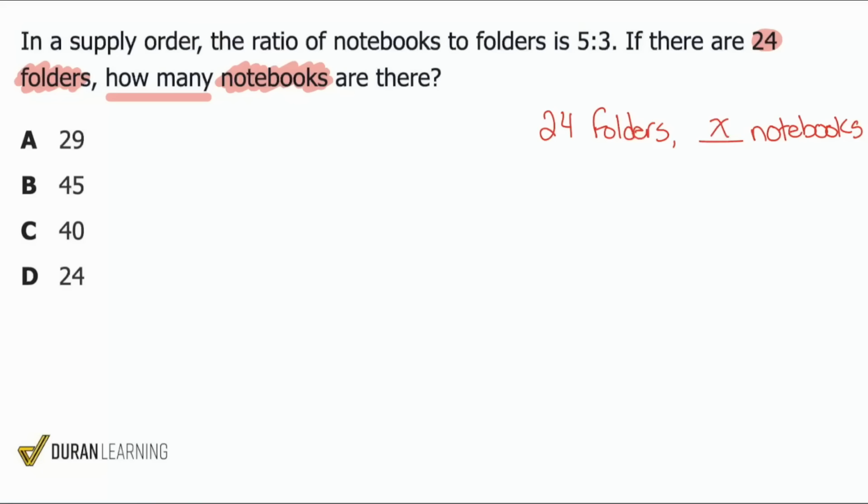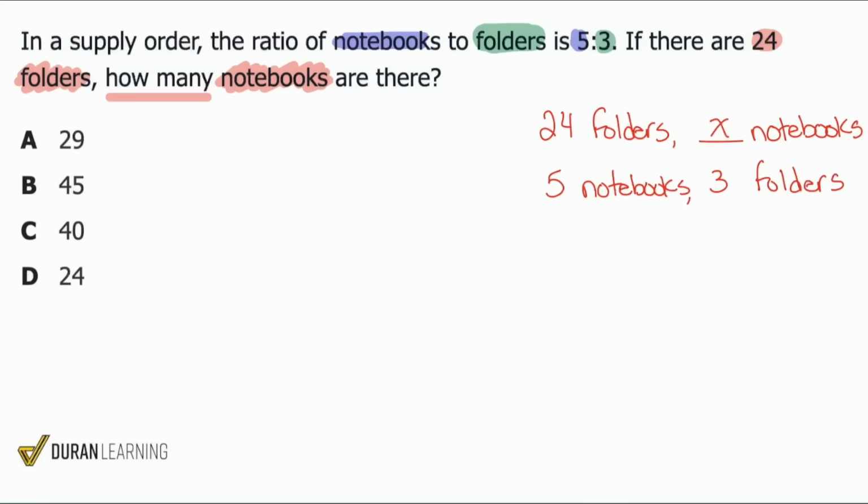So we see that notebooks is 5, the first number, and the second one is folders, the second number, 3. So some people will say, all right, cool, we have 5 for notebooks and we have 3 for folders.